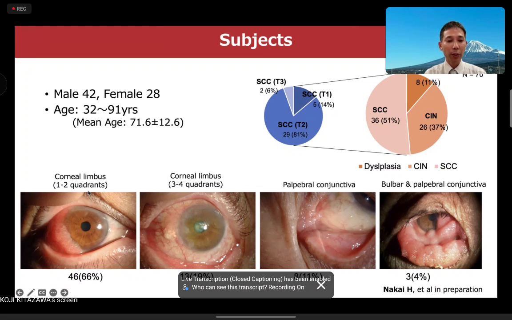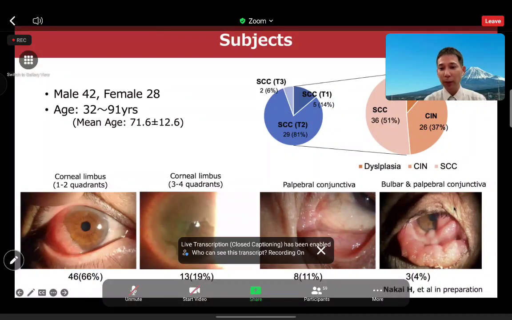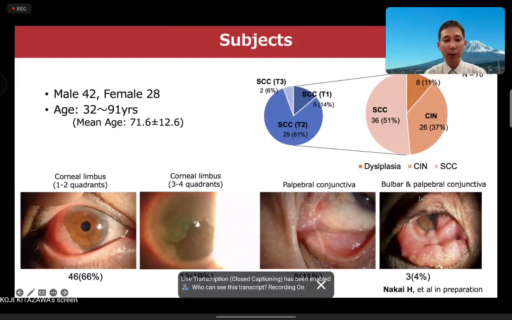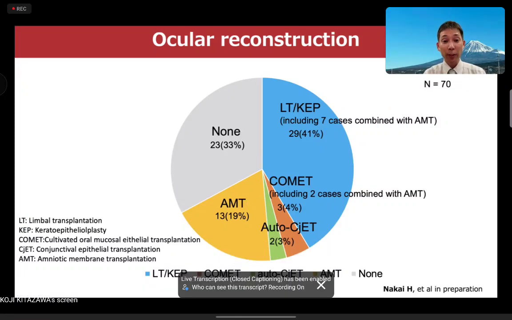We also divided the whole group into four groups according to the tumor region. This is a small tumor, then a mild tumor, then a somewhat larger area with invasion of the paravelar conjunctiva, and this is a very severe case embedded into the fornical and paravelar conjunctiva. If the tumor is very small, we just remove the tumor region.